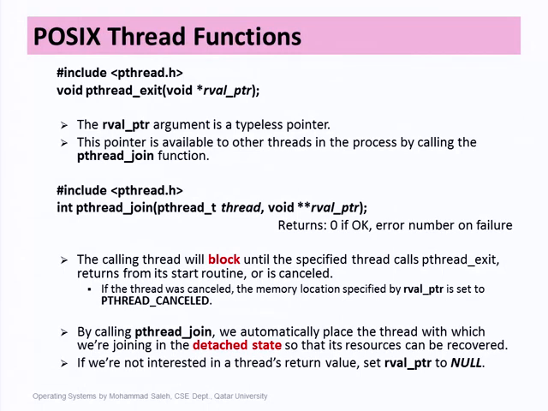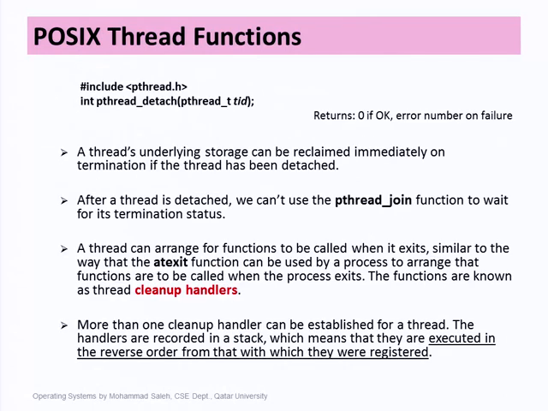It will mark it for releasing of resources once it is terminated, which means it detaches the resources that the thread was using at the time of termination. So that's the join.